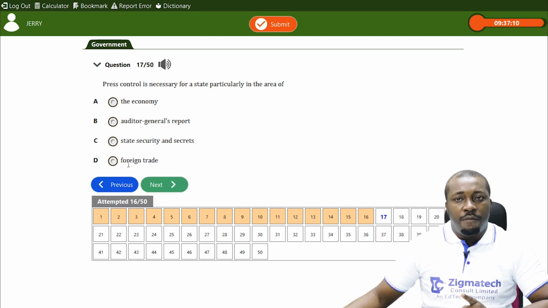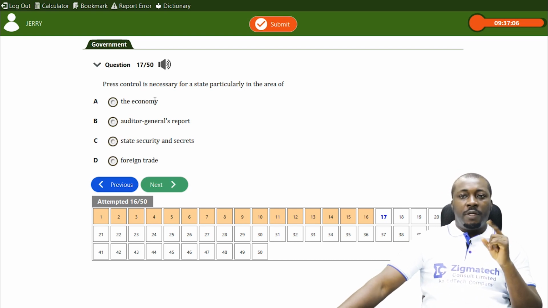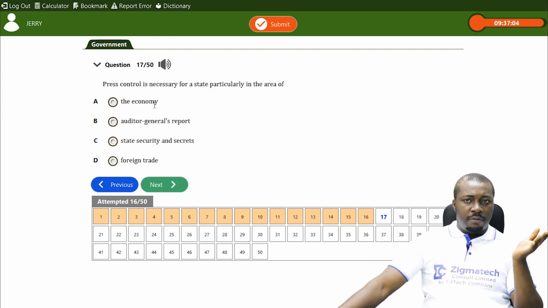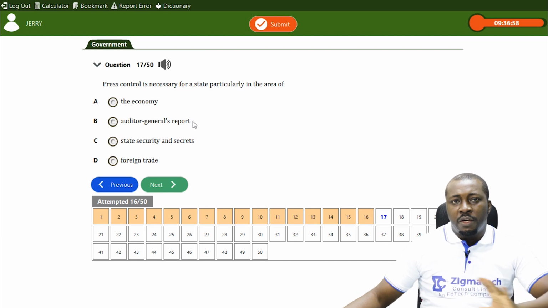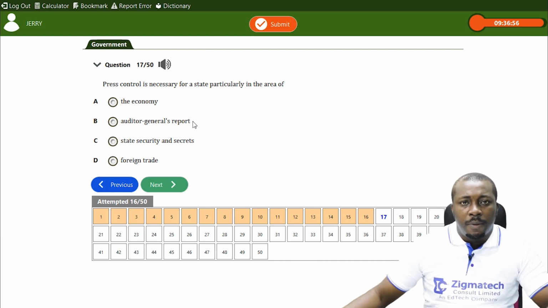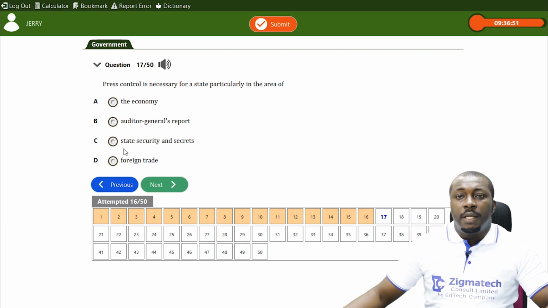D, foreign trade. Now, government cannot control the press because of the economy, and we need the press in the economy. B, Auditor General's report, of course, is Auditor General of the Federation. The report can be made public. C, state security and secret. D, foreign trade. It has nothing to do with it.